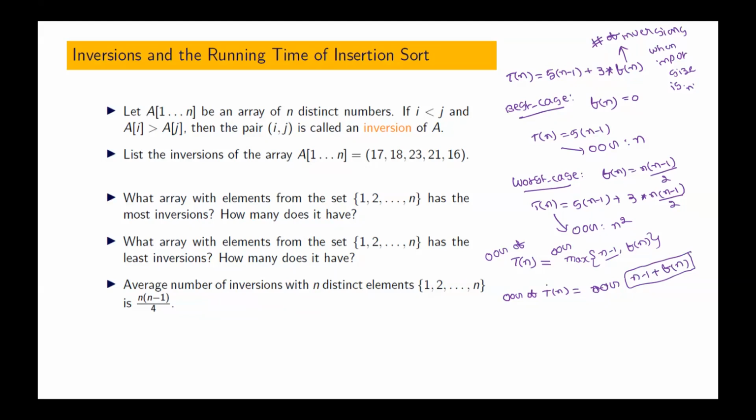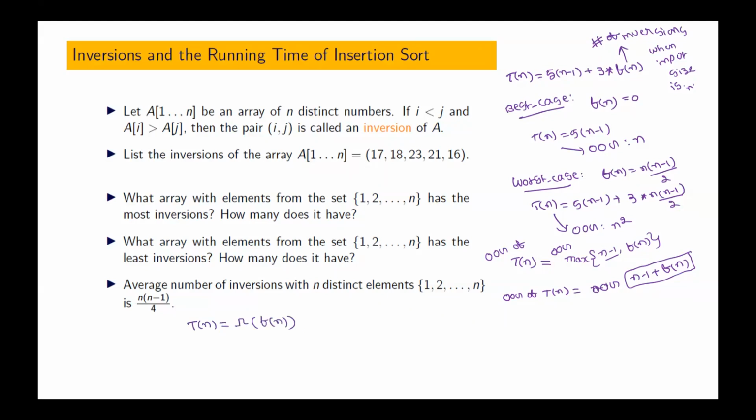Okay. So next, is there any other way of representing this? Can we say that T of n, the running time of insertion sort, is big omega of f of n? No, sir.